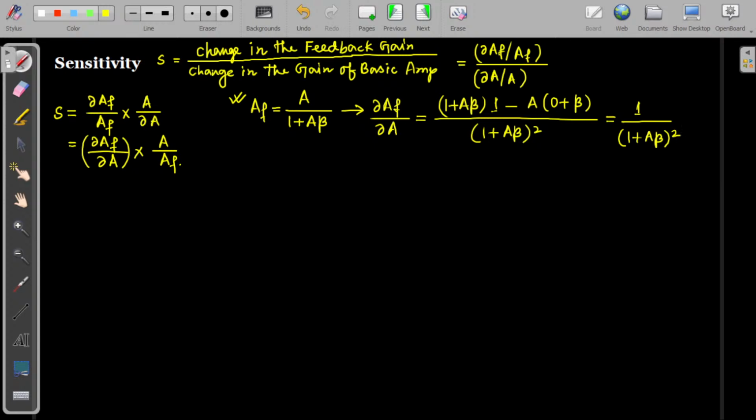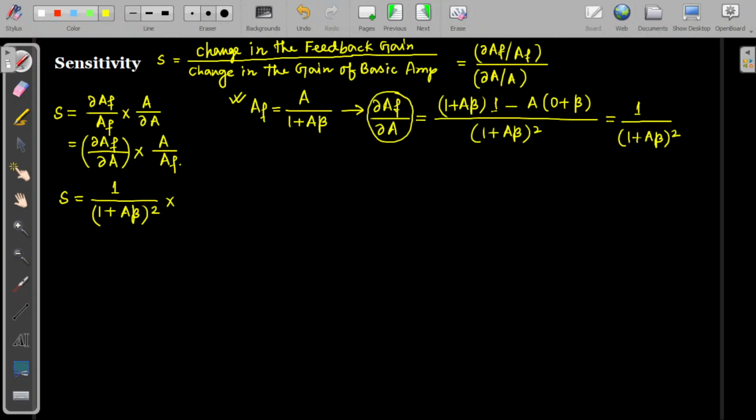Now we have to replace this value here. If we replace the value, S will be equal to 1 by 1 plus A beta whole square into A by AF.